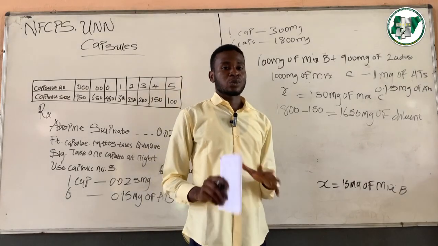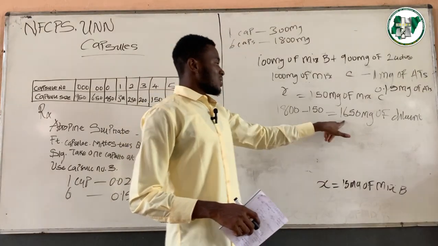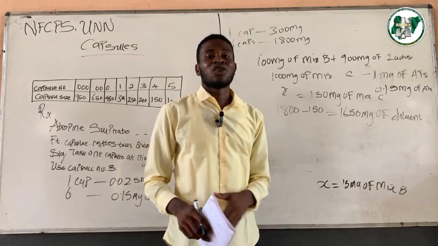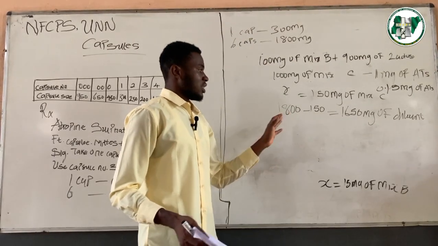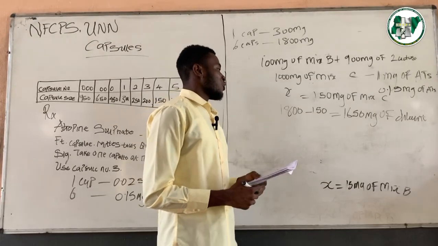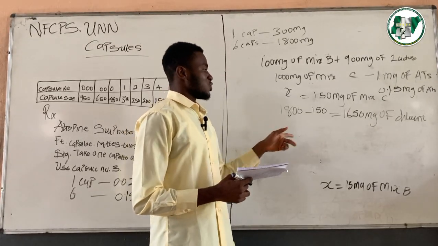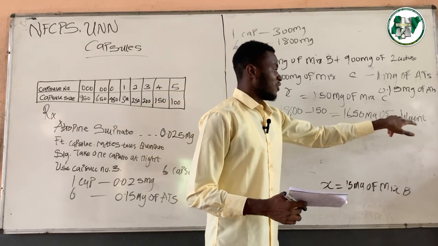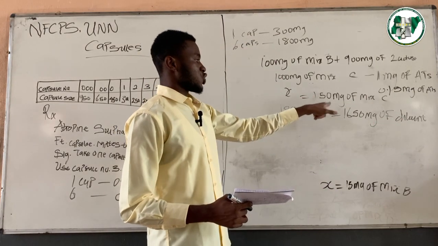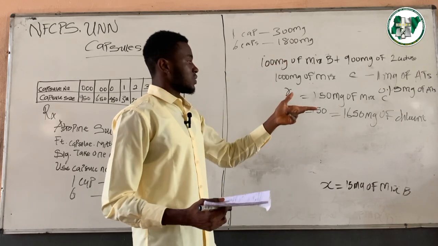This is now your fourth mortar, and weigh 1650 milligram of your fresh diluent, which could be lactose or starch. Then you titrate it evenly. The final weight is going to be 1800 milligram, after we weigh 1650 of diluent and 150 of mixture C.